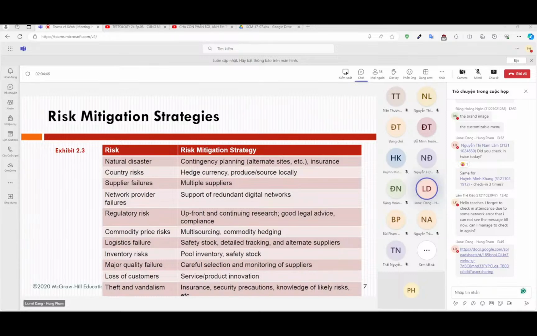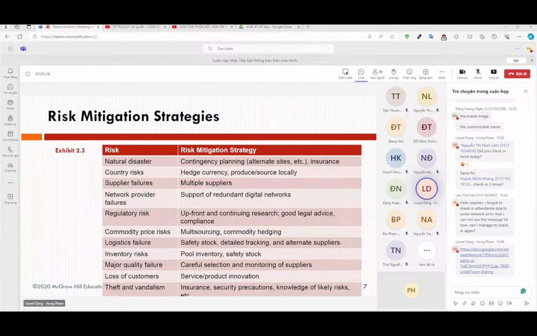Do you have the inventory risk? Yes, sure. Okay. So what is the mitigation plan you can do to make sure that you have enough inventory? I think that we can mitigate by implementing good inventory management practice, like just-in-time inventory and safety stocks.